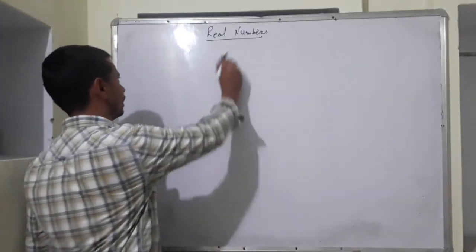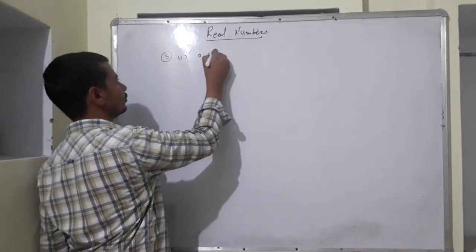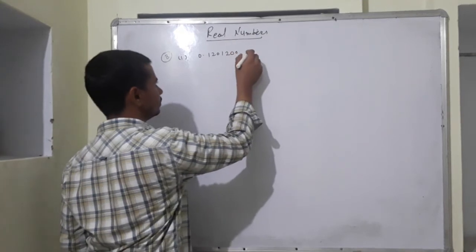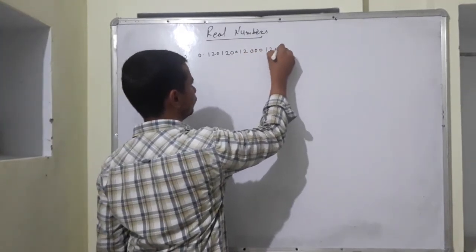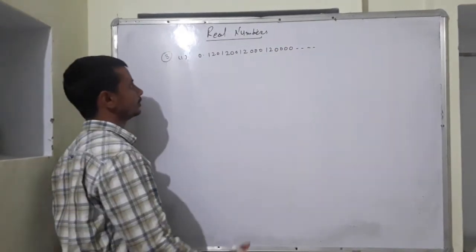Okay. And the first part of third question is 0.120120012000 and so on.